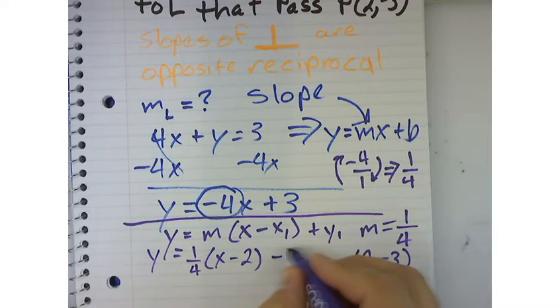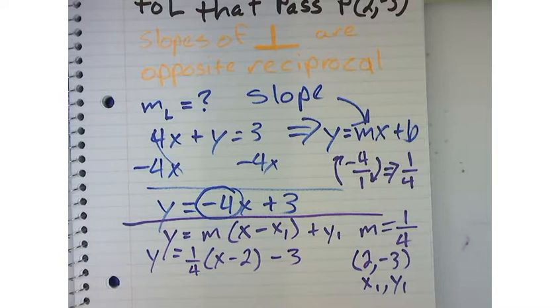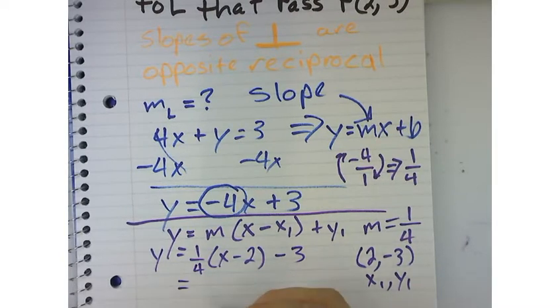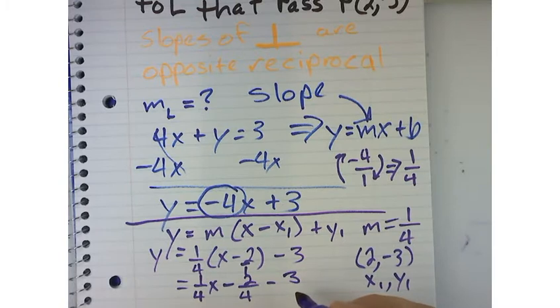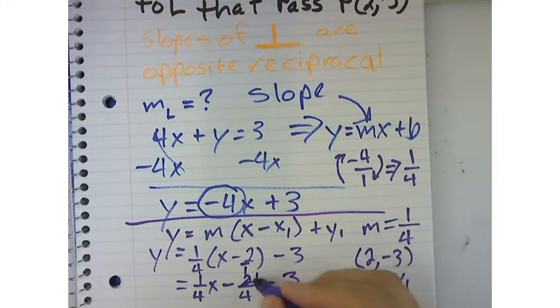So I'm just going to write -3. Push that through, and I get 1/4 x minus 2 is the same as 2 over 1. If I multiply -2 over 1 by 1/4, I get 2/4 minus 3. Now, I can reduce 2/4 to what? 1/2. So that becomes 1/2.